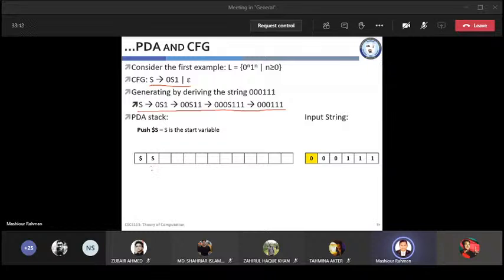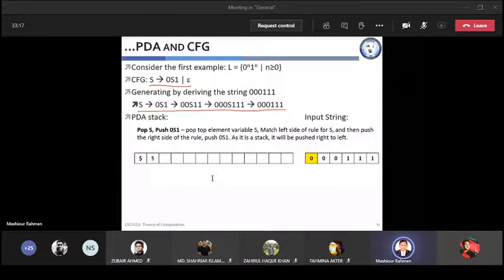Okay, now next what we do, we pop this S, and push the right hand side of S. Now the right hand side of S has got two rules. Based on our input string 0, we need to choose which rule to push.